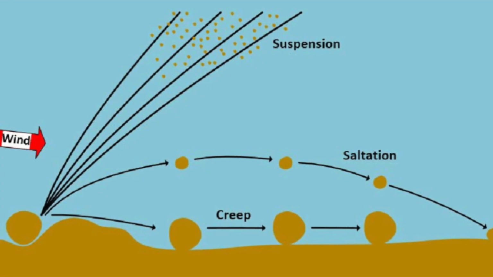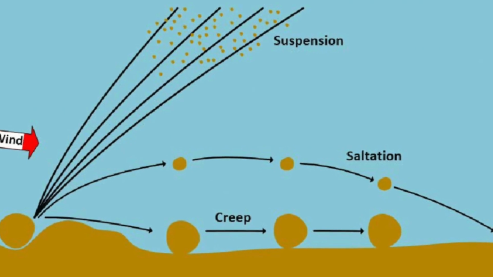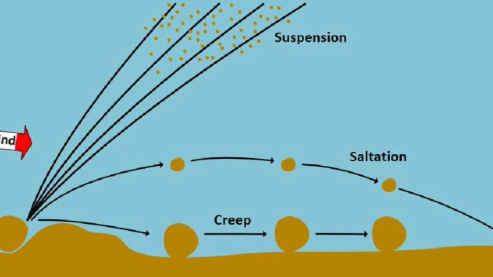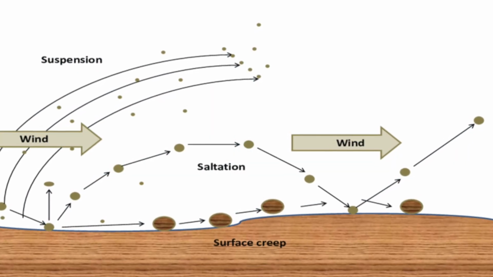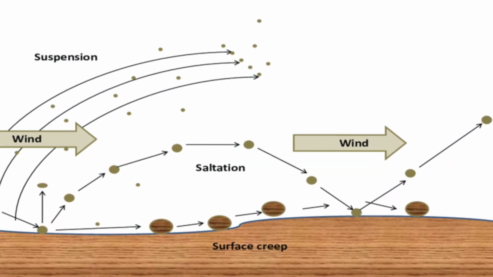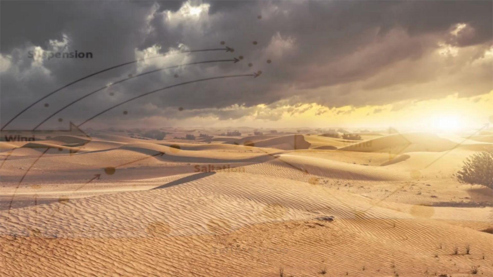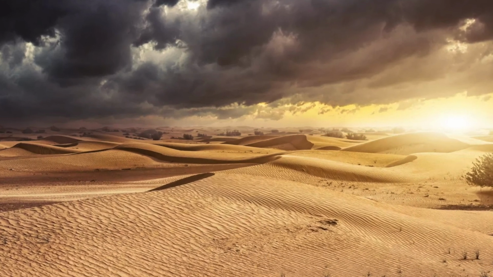Suspension involves very fine particles, less than 0.15 mm in diameter, being lifted high into the atmosphere and carried over long distances. It occurs when wind velocity exceeds the threshold for very fine material. When particles are small, they remain airborne for a long period of time and can travel hundreds to thousands of kilometers.